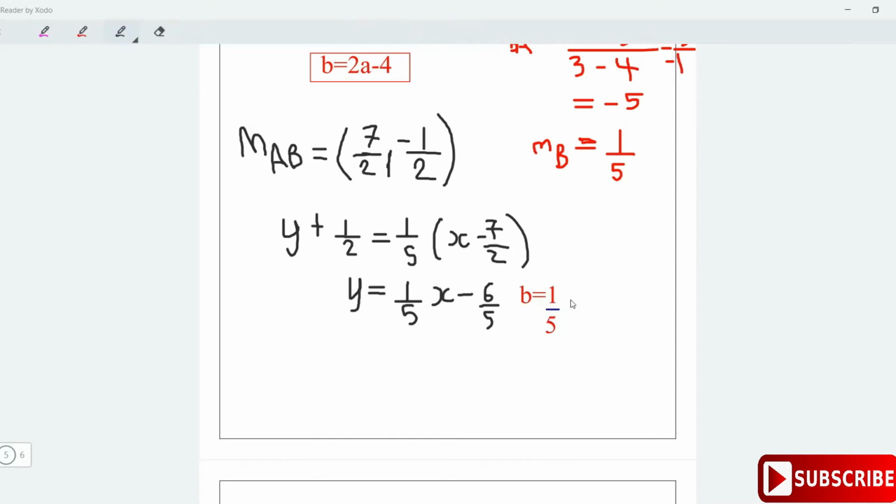But replace x with a, so b is equal to 1 over 5, a minus 6 over 5.